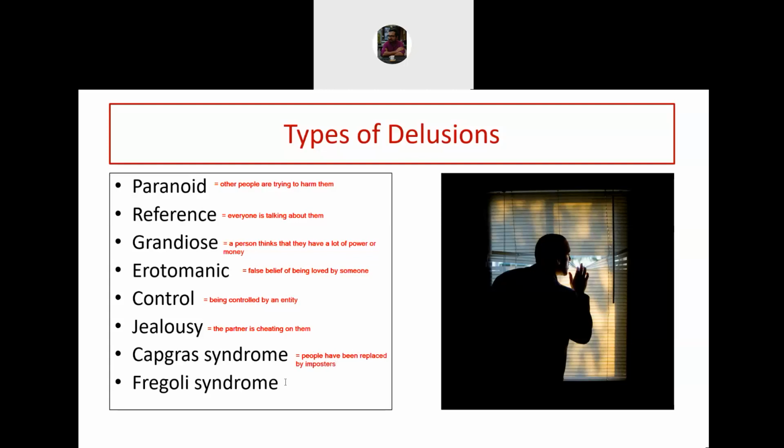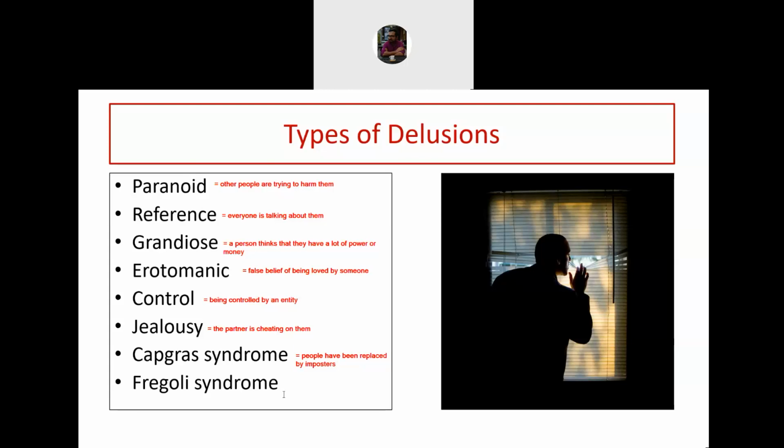That is, the person can identify other people, but then thinks that some other person has put on makeup to look like that person and has presented themselves to this person. So, like the person has changed from inside, but from outside, the person is identifiable. This kind of a belief that all people are replaced by imposters is Capgras syndrome. It can also sometimes be seen in complex partial epilepsy.